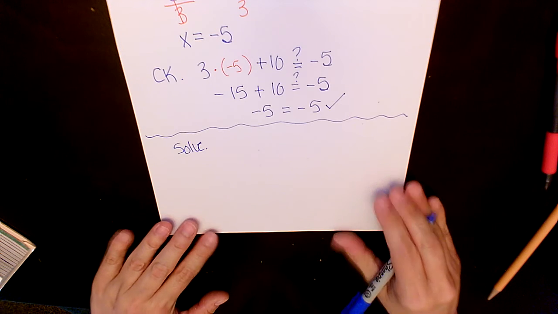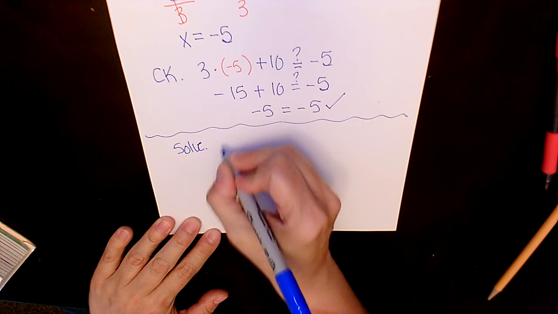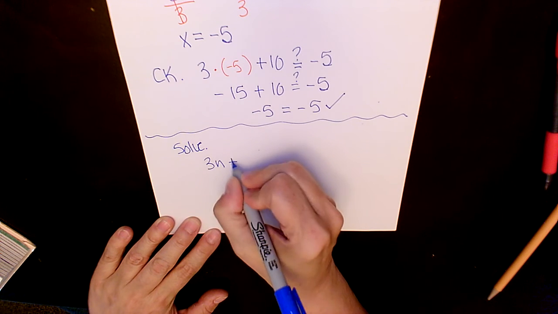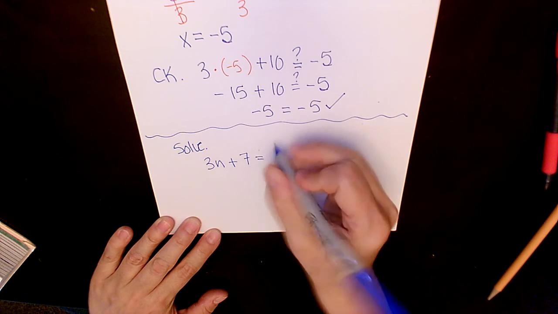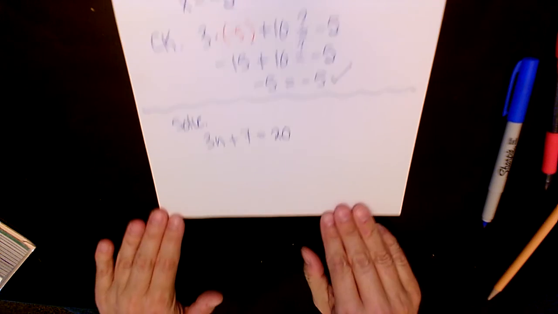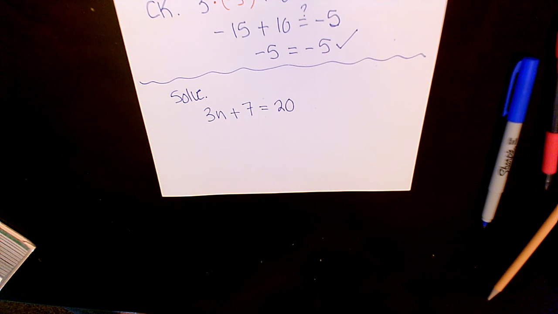Okay, this one is similar to Hawks. We're solving for n. So I've got 3n plus 7 equals 20.